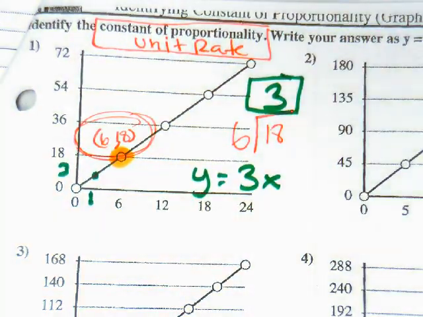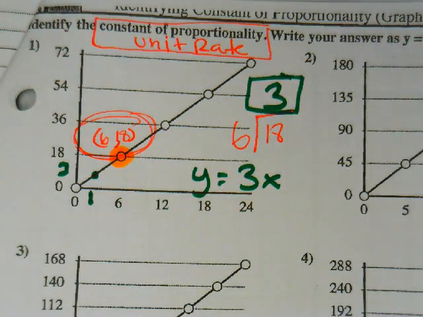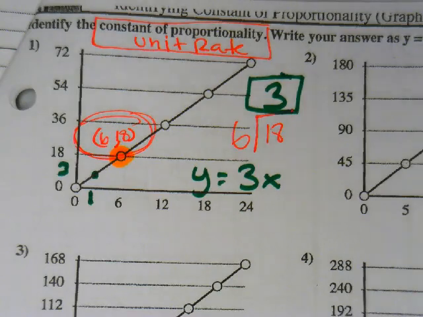Write that down. You're going to see it on worksheets, homework, and tests. But they make it harder by calling it constant of proportionality. It just means unit rate.